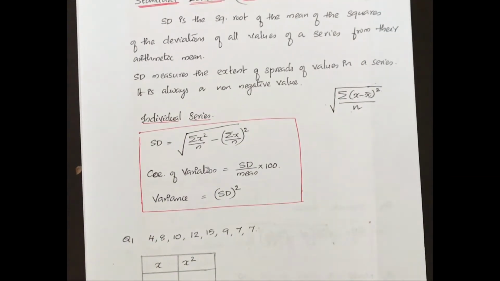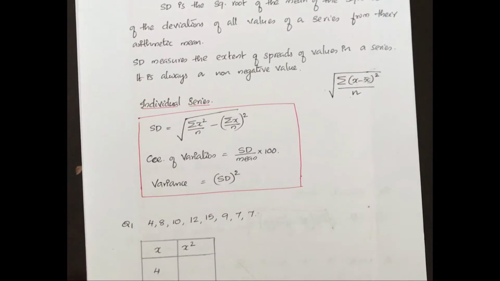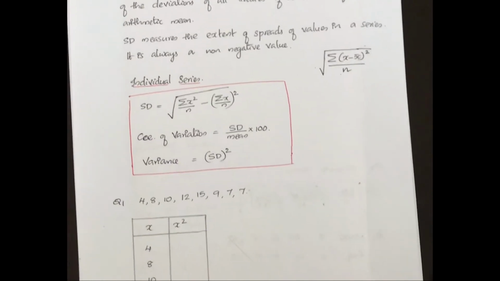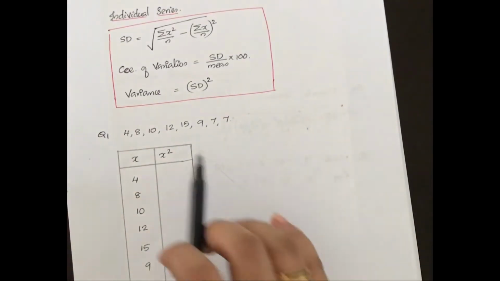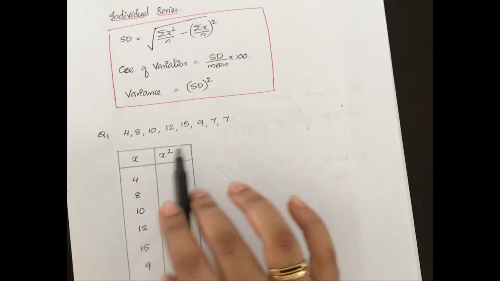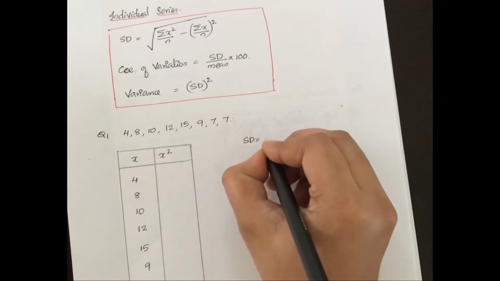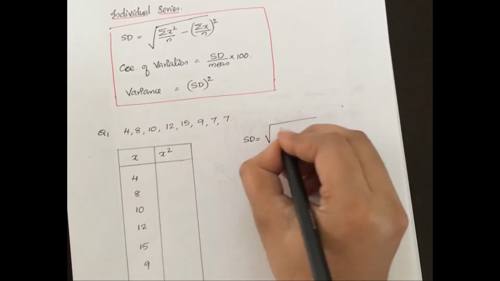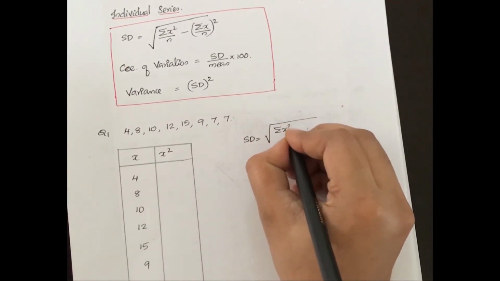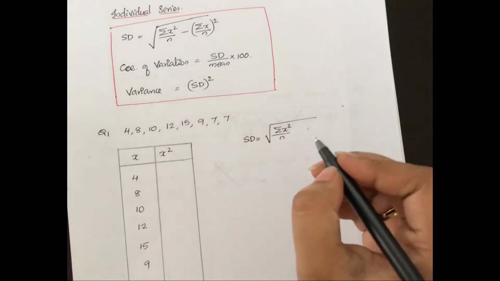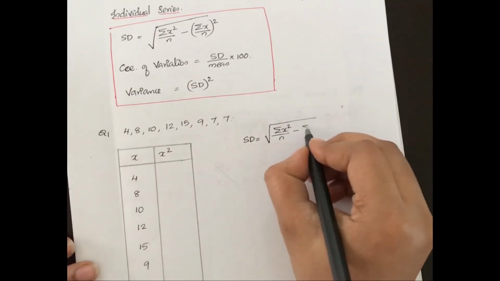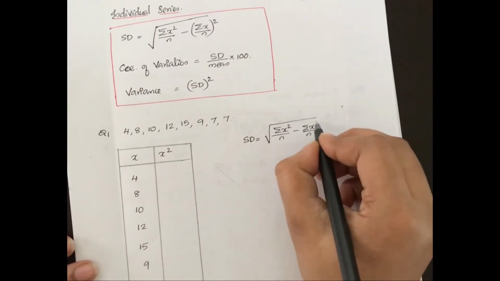Now, we are going to do a problem. This is a question with raw data. So what was the equation? Standard deviation is equal to the root of summation x square by n minus (summation x by n) the whole square.